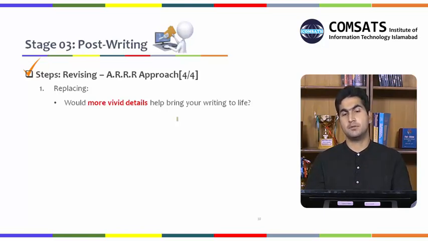This is the purpose of this third stage: to make your writing lively, active, and more engaging for your readers. Adding more details can make a difference compared to the information which already exists. So this is a choice for you, an option to be taken right now to make it more lively.